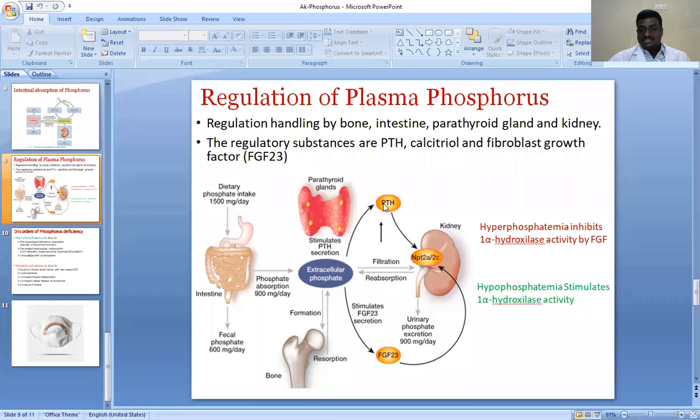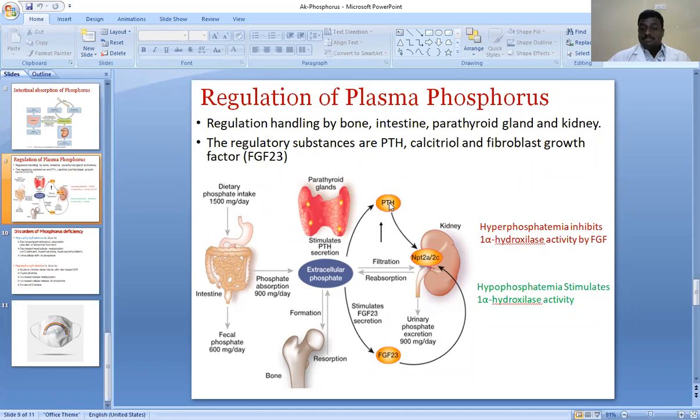Another function of parathyroid hormone is that it inhibits 1-alpha hydroxylase activity. 1-alpha hydroxylase is an enzyme that participates in the activation of vitamin D3.